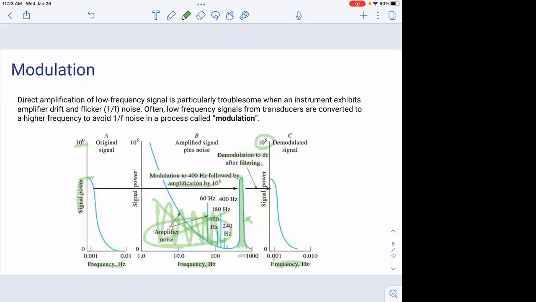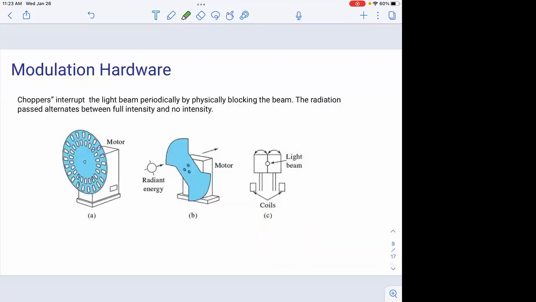Okay, hopefully that rambling made sense to you. Let's talk about how we actually do this in instruments. One really low tech but effective way to do this is to use a chopper. A chopper interrupts the light beam.